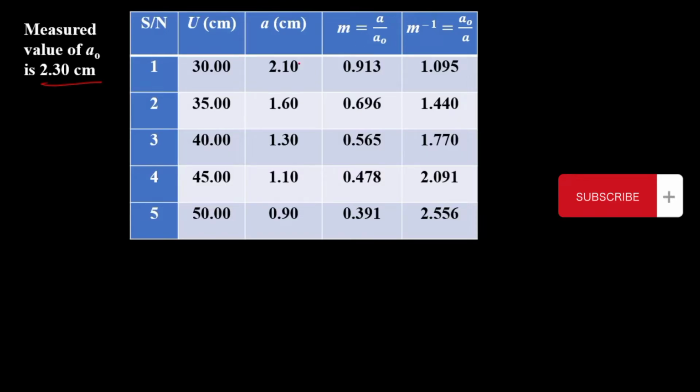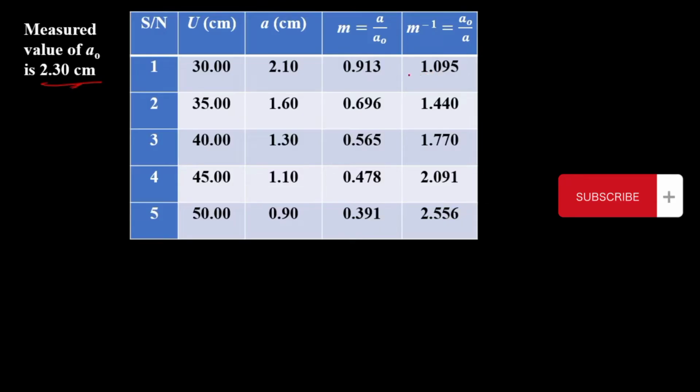For the first one here we have 2.10 as the value of A. We divide that by 2.30, which is the value of A0, and that gave us our 0.913 here. Then the inverse of that gives us our M inverse, which is 1.095. There are two ways to do this.